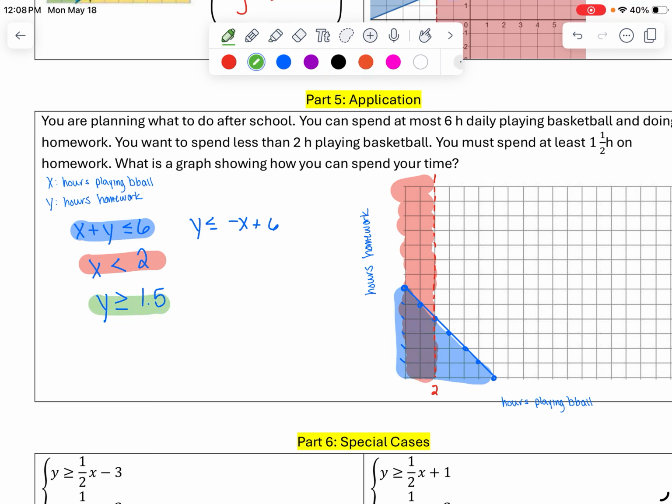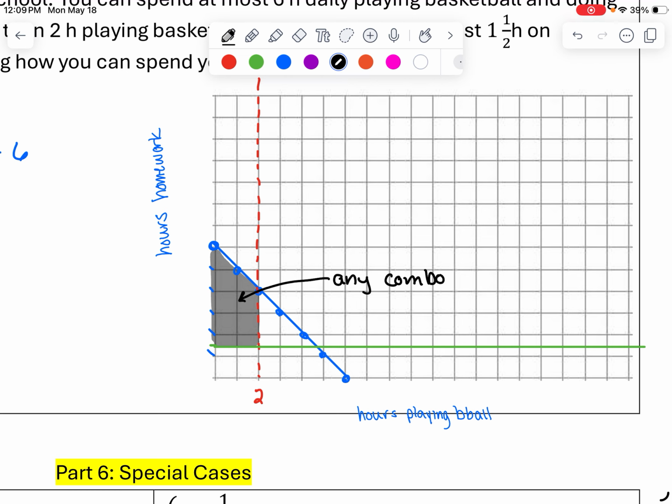Okay? So anything in here, how do we say that? Let's go ahead and point. Any combo of time in here is feasible.